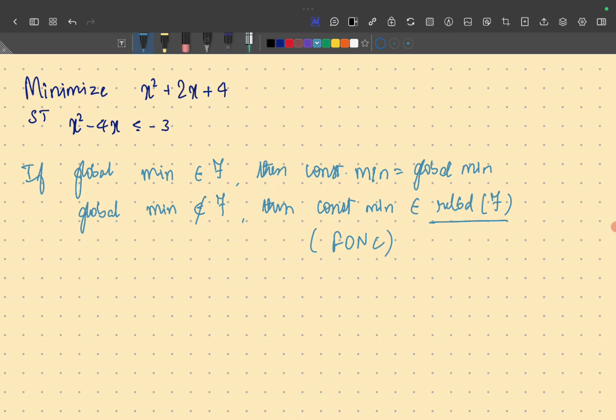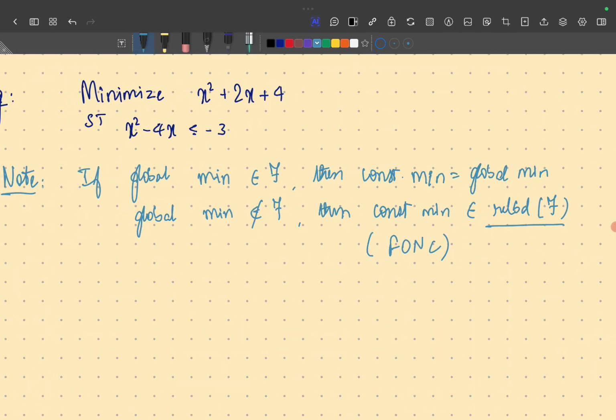Is this okay? Okay, so now in this case, what would the global minimum be? The unconstrained minimum of this objective function, what is it equal to? Minus 2? We just take the derivative and set it equal to 0.